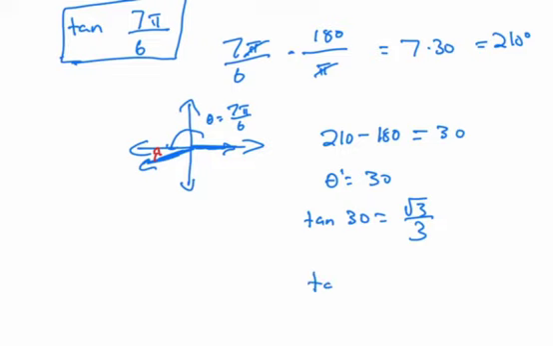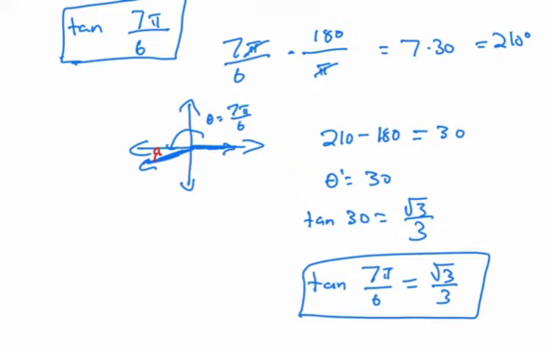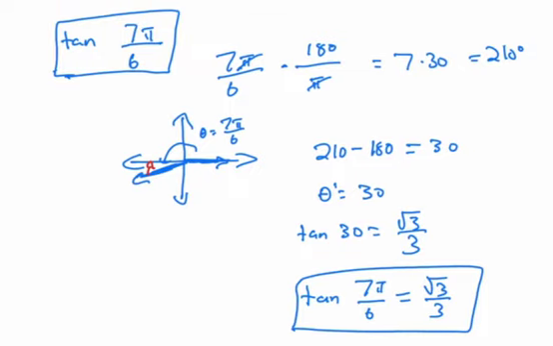The tangent of 7 pi over 6 is the square root of 3 over 3, and that's an exact answer again. So we have just calculated exact values for trigonometric functions at angles all around the circle.